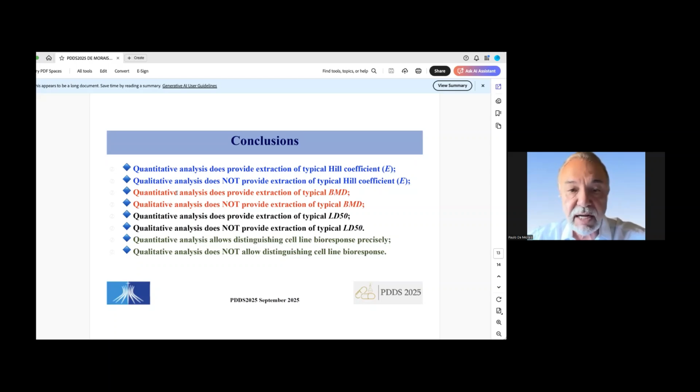Besides this, quantitative analysis provides extraction of BMD precisely, and qualitative analysis just gives you an idea. And likewise, quantitative analysis provides extraction of LD50, and qualitative analysis just gives you a guess. And finally, if you perform a quantitative analysis, it allows you to distinguish the cell line bioresponse precisely. And qualitative analysis does not provide you a precise bioresponse.